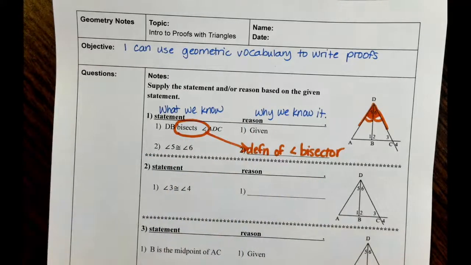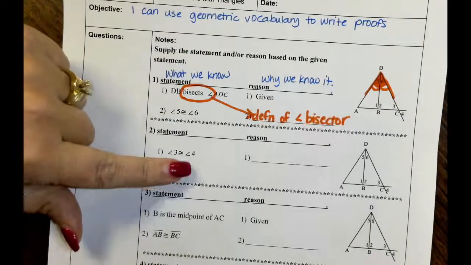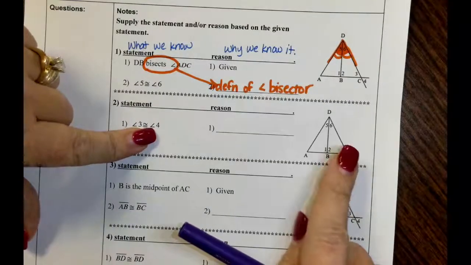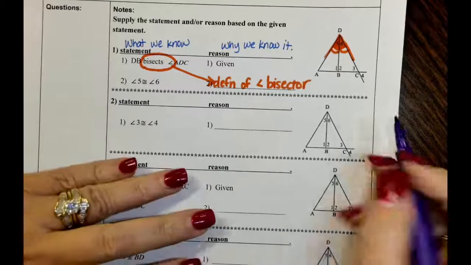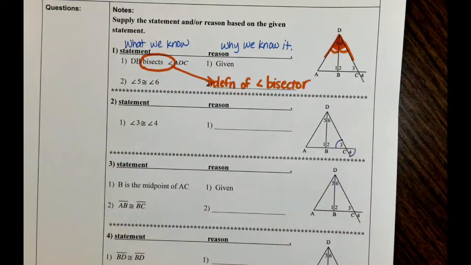So whatever our first statement is usually our reason for our second statement. What is the result? What happens when I cut an angle in half? I get two congruent angles. Okay, let's look at another one. Another one says that angle 3 is congruent to angle 4. So we go over here to our picture and we look. It's true, angle 3 is congruent to angle 4, but why?